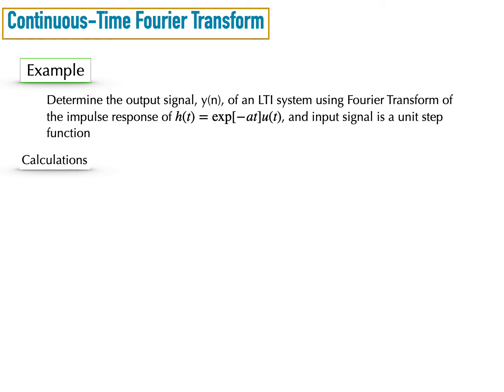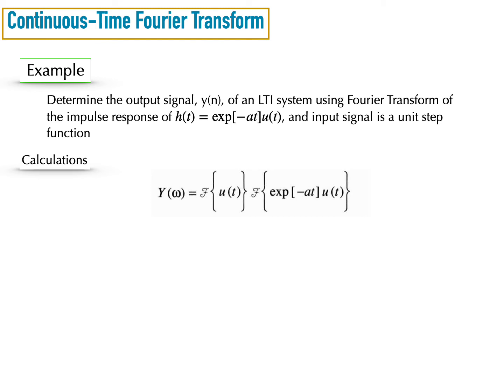Now you know that the output of an LTI system is equal to the convolution of the impulse response and the input. And convolution in the time domain is actually multiplication in the frequency domain, right? Therefore we can write our output in the frequency domain like this.